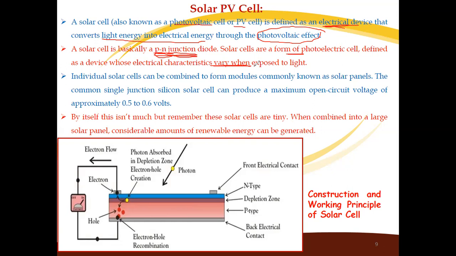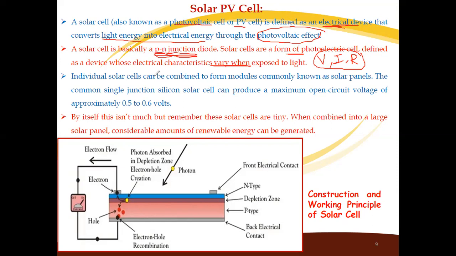So what are the electrical characteristics? It may be voltage, current, or resistance. So when light energy is incident on this photovoltaic cell, or photoelectric cell, the electrical characteristics of the device vary, that is voltage, current, and resistance.